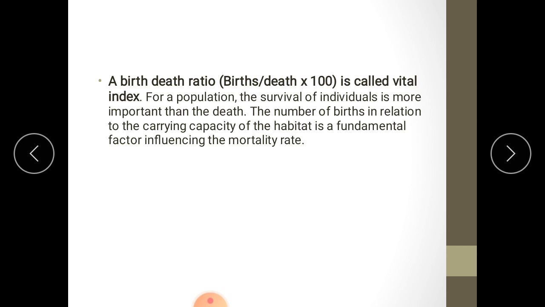It means the habitat would have some amount of nutrients or energy content which is sufficient to hold so many individuals. If the number of individuals goes beyond that capacity, they cannot survive. They have to perish.